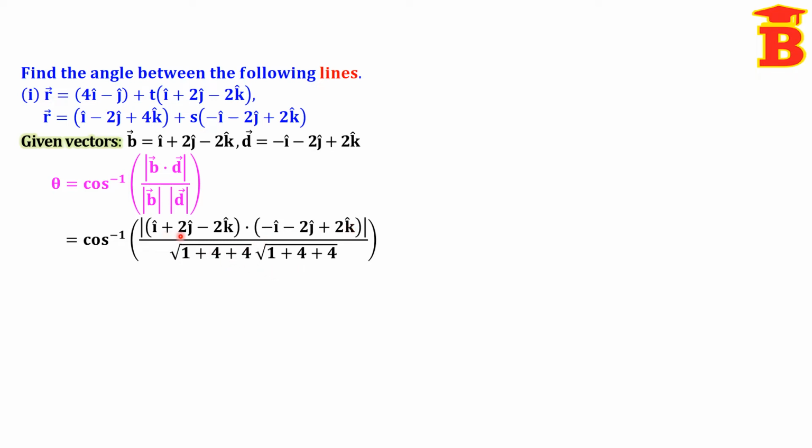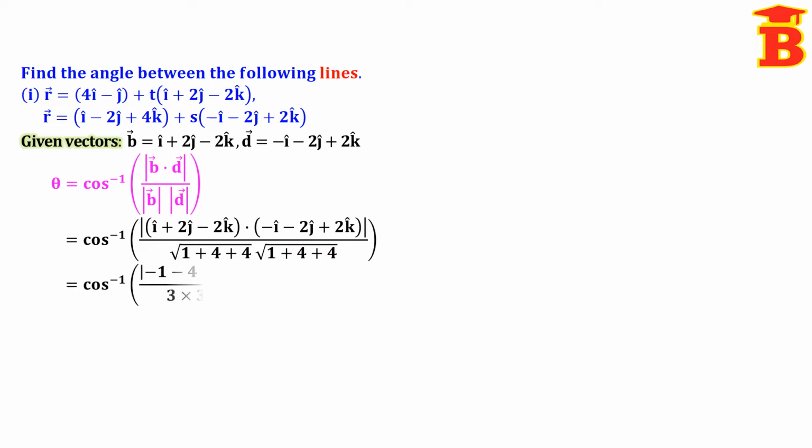See this first vector magnitude is root of 1 squared 1 plus 2 squared 4 plus minus 2 whole squared 4, into again taking modulus of this vector, that is root of minus 1 square is 1 plus minus 2 square 4 plus 2 square 4.